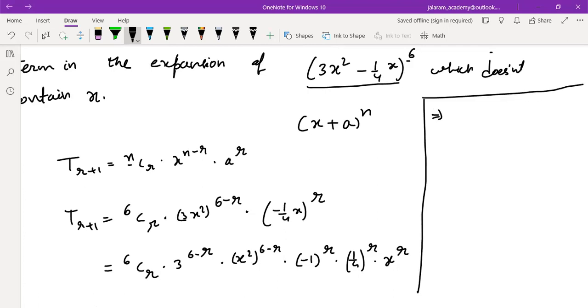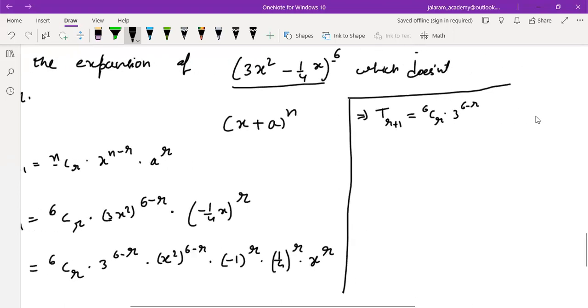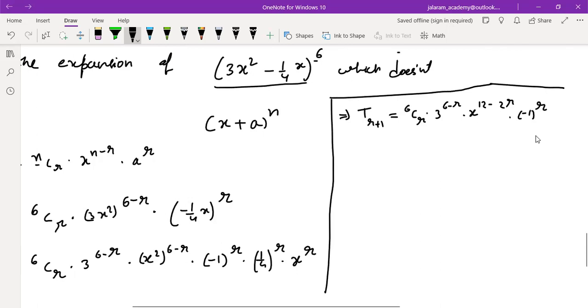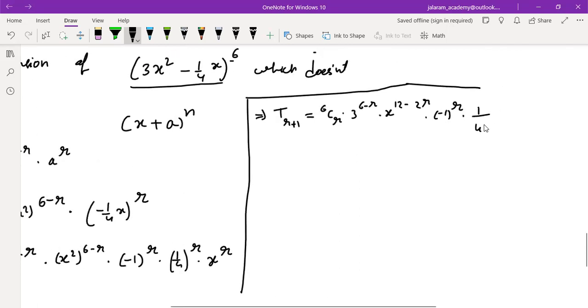So T r plus 1 equals 6Cr into 3 to the power 6 minus r into x to the power 12 minus 2r into minus 1 to the power r into 1 by 4 to the power r into x to the power r.